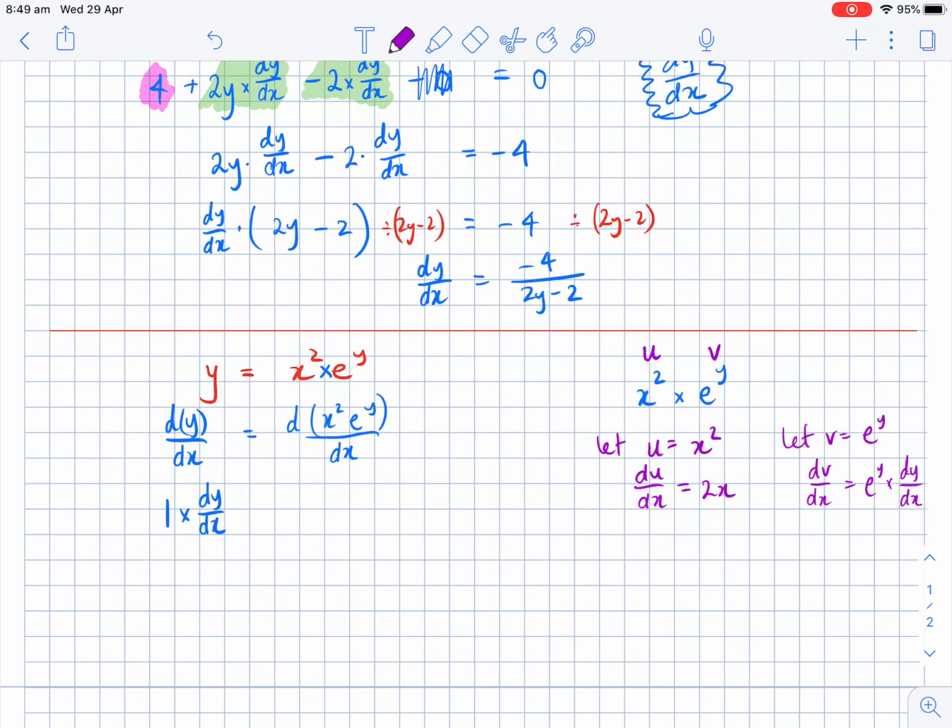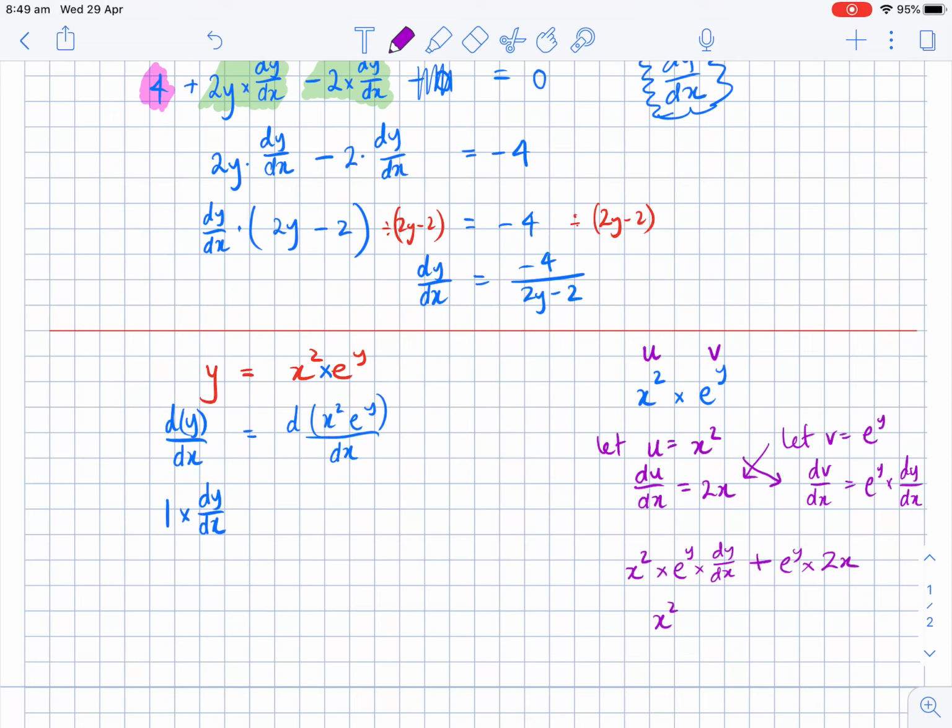And then when I put that together with the product rule, I keep the first one. So I'm going to put the u with the dv dx and the v with the du dx. I keep the first one, x squared, and multiply it by the derivative of the second one, which is e to the y multiplied by dy dx, plus I keep the second one, e to the y, and multiply it by the derivative of the first one, which is 2x.